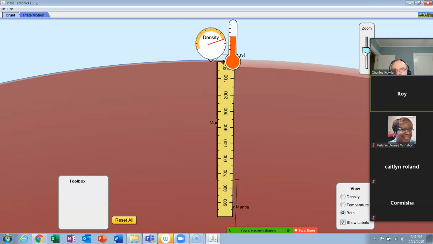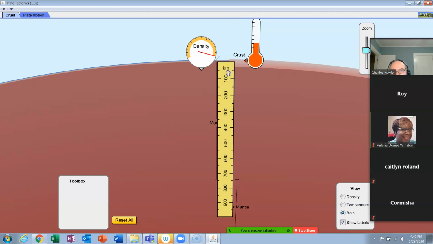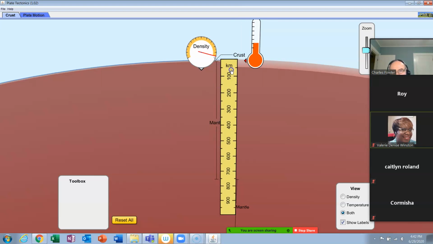Now, what's the first question it asks after we zoomed and after we identified that layer? Okay, surface to the boundary. Okay, now I'm going to move my thermometer out of the way a little bit and move the density meter out of the way a little bit. I think I'll go back slightly into the continental crust here.